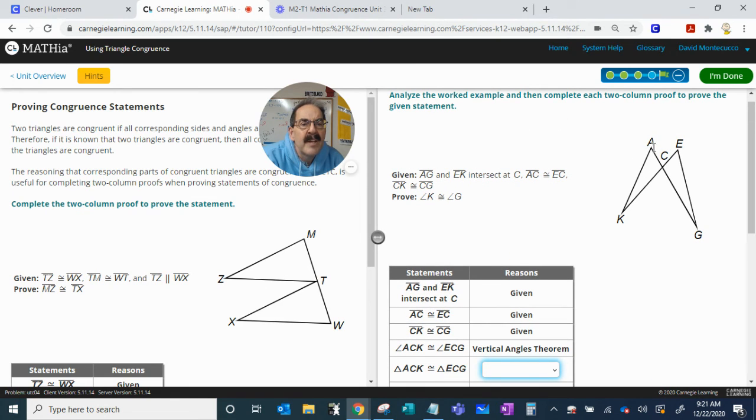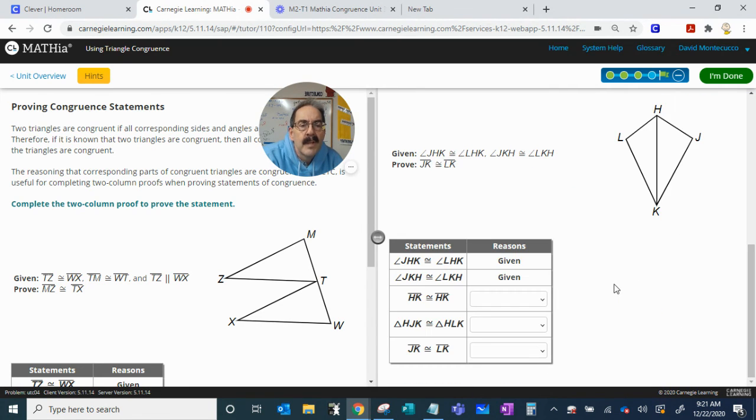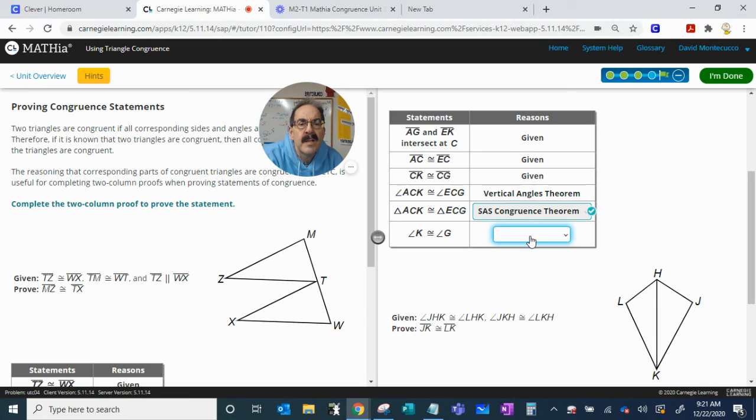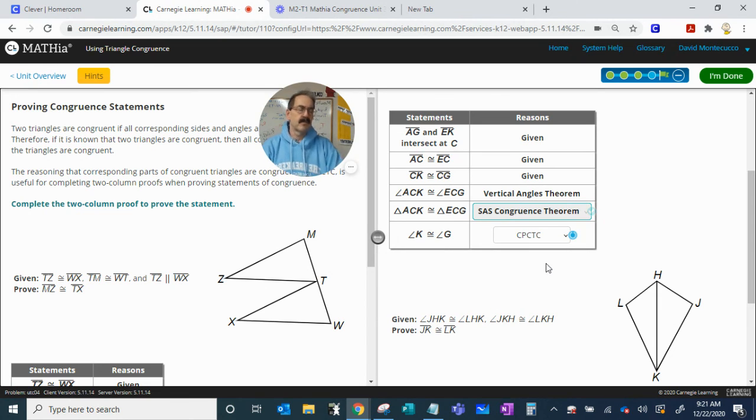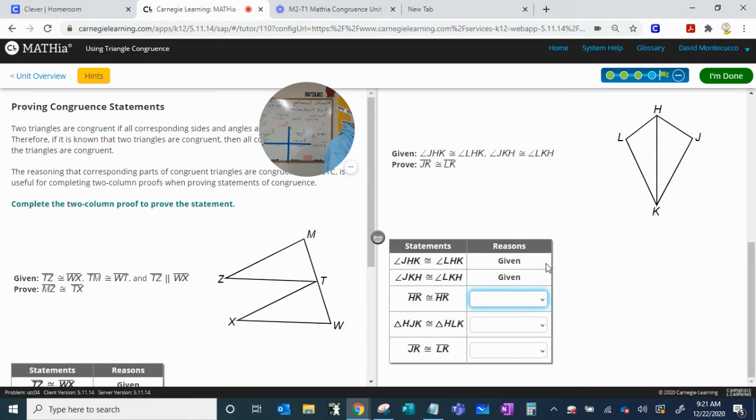So now we have AG intersected CAC, EC. So we're going to go side, angle, side. Once we do side, angle, side, that's the CPCTC, corresponding parts of corresponding triangles.